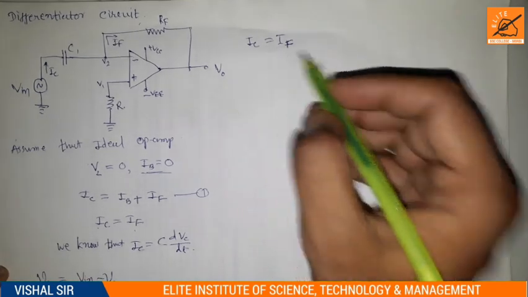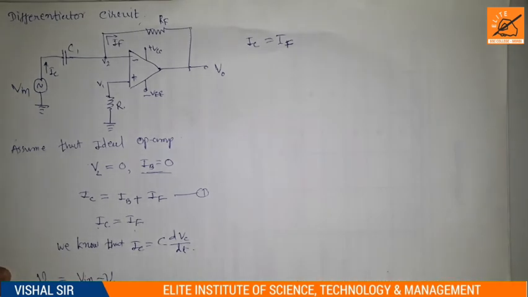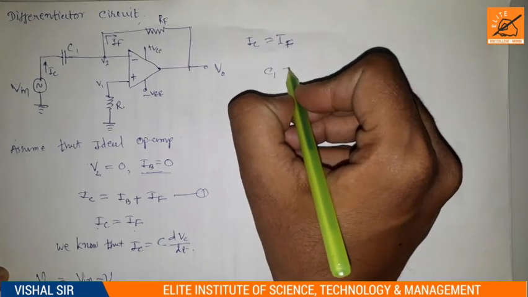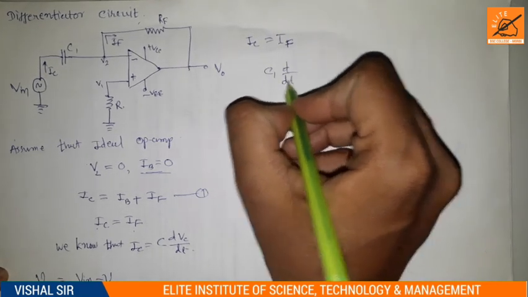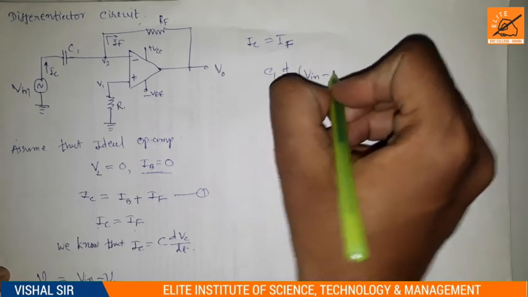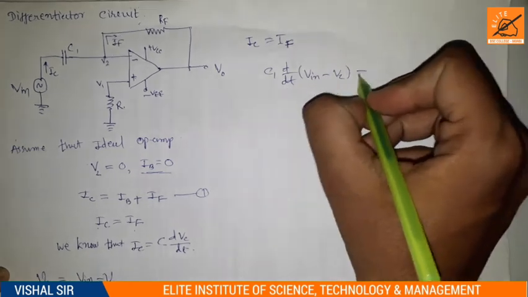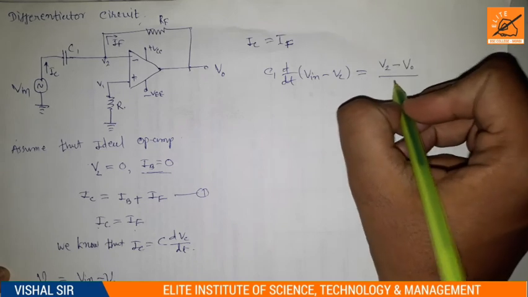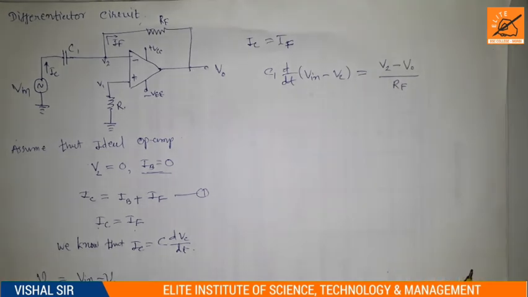By equating equations 2 and 3, we can write C1 into d by dt of Vin minus V2 is equal to V2 minus V0 upon RF.